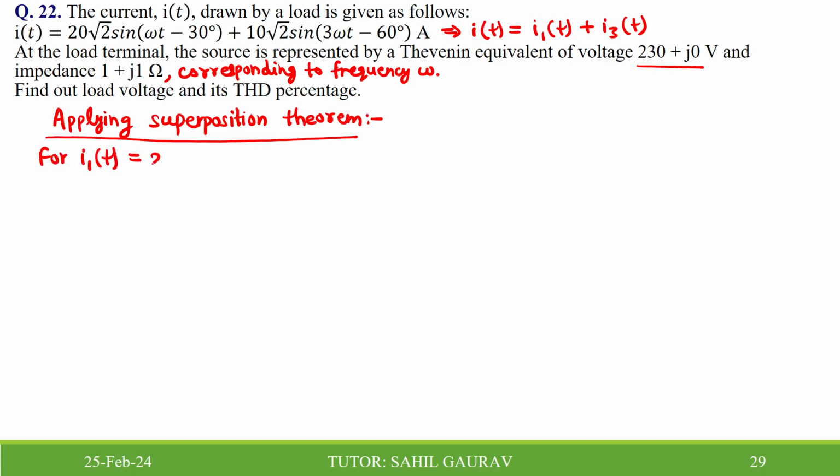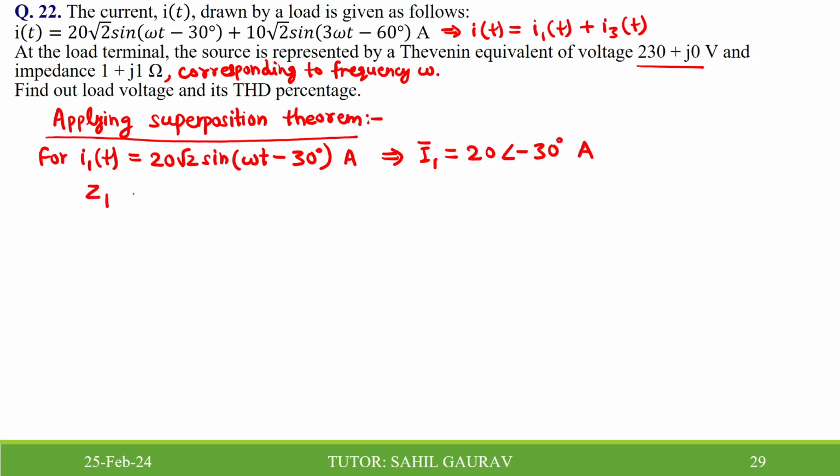For I1T, it is given as 20 root 2 sine omega t minus 30 degree. It is the instantaneous form. So we can write it in the terms of phasor value. In phasor value, this is I1 bar equal to 20 at the angle of minus 30 degree ampere.